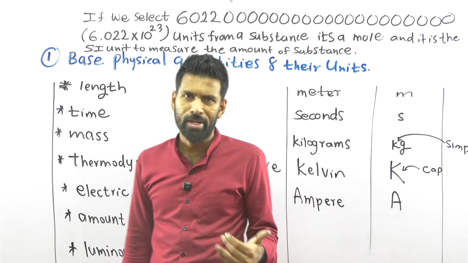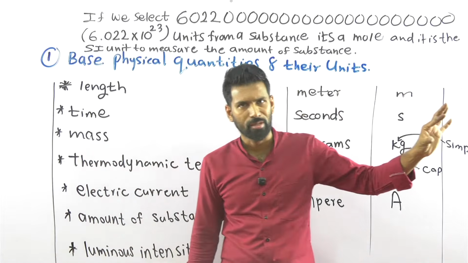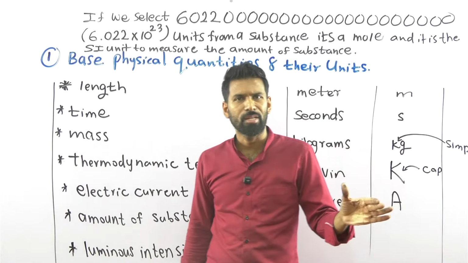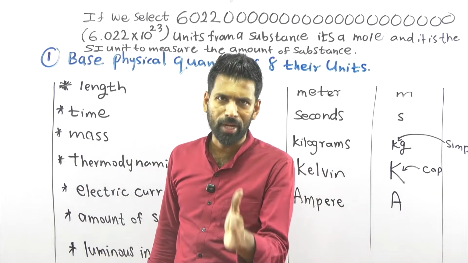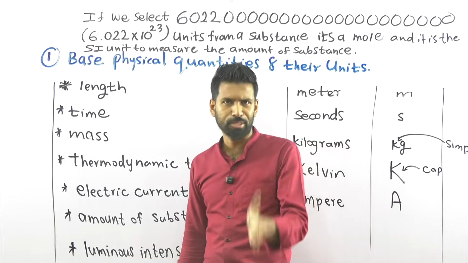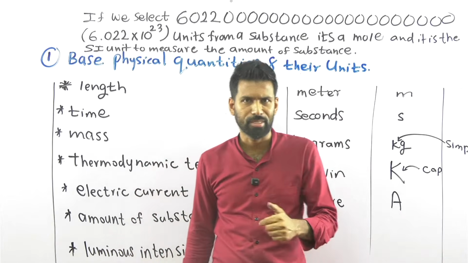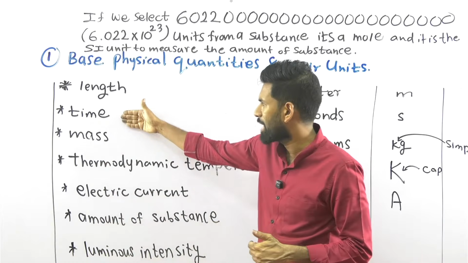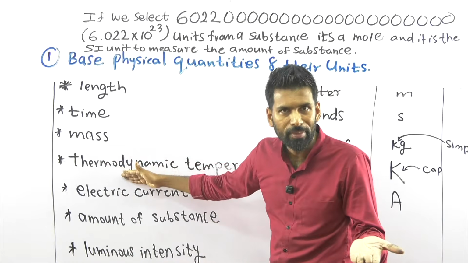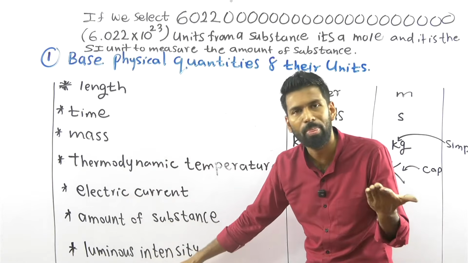Our new attention is to understand the SI units. When we understand the SI units, there are many subcategories that we have to understand. The first subcategory is the base units. It is told that there are 7 base units. They are length, time, mass, thermodynamic temperature, electric current, amount of substance, and luminous intensity.